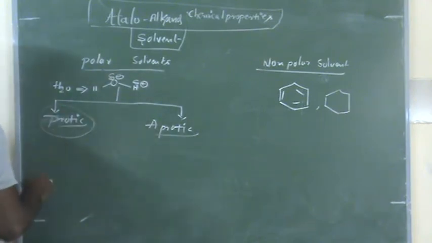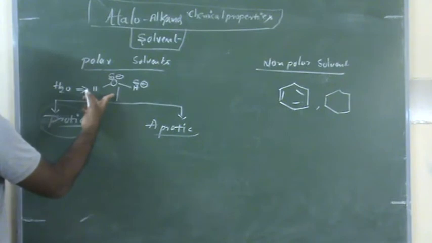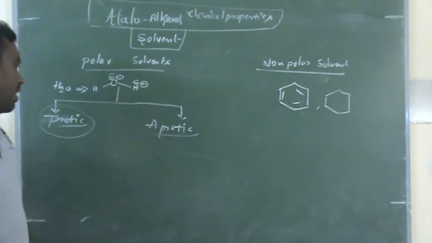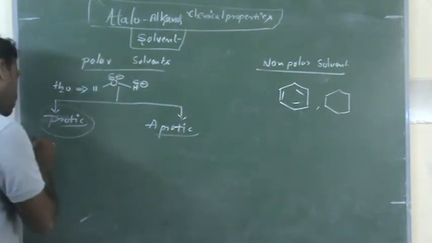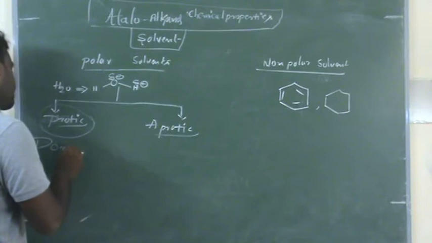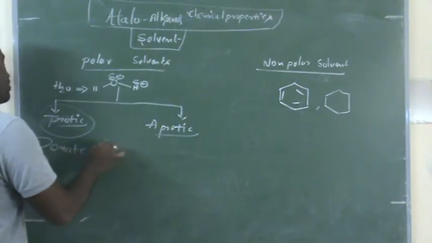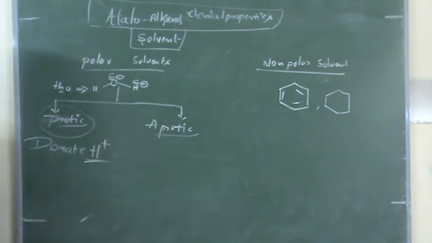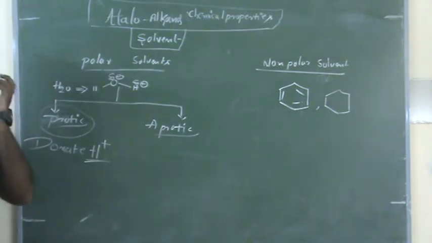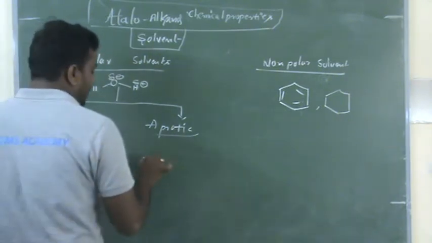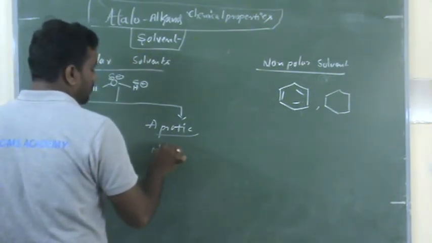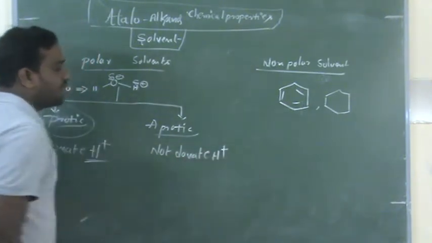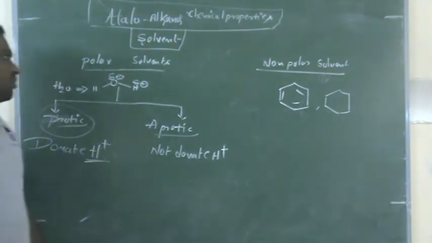Protic means polar in nature, having a partial positive charge and a partial negative charge, and also able to donate H plus ions. Solvents that can donate H plus ions, we call protic solvents.